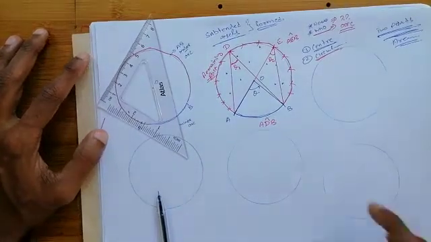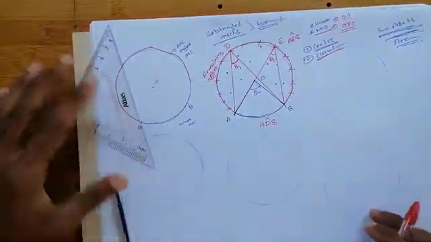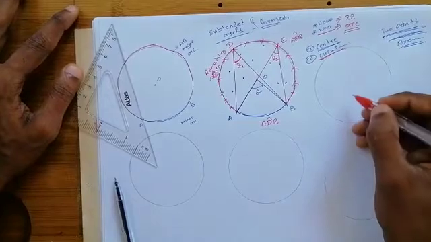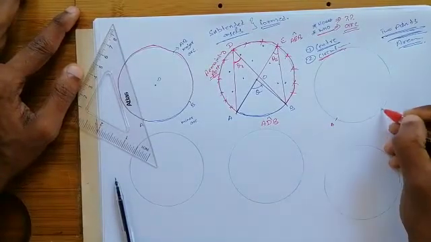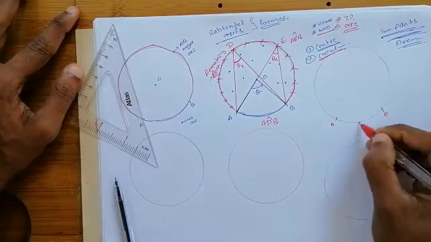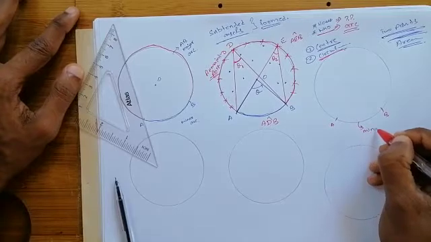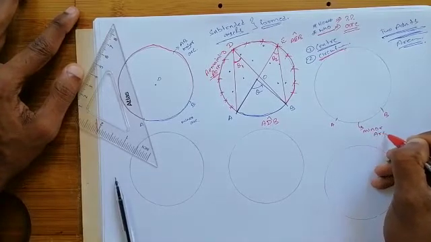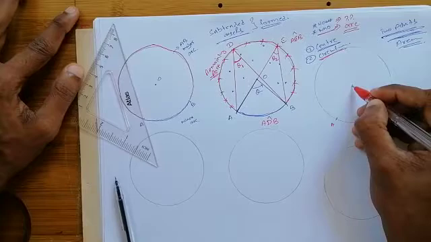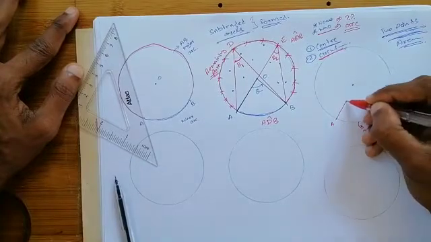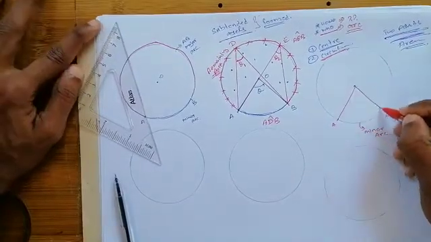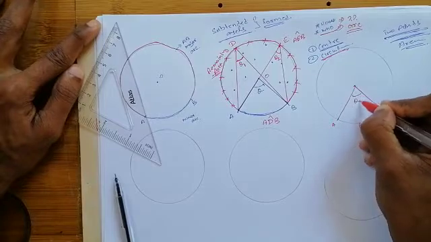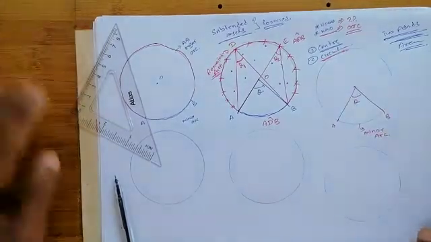Okay, if you observe clearly, an arc AB, a minor arc AB, can subtend only one angle at the center.